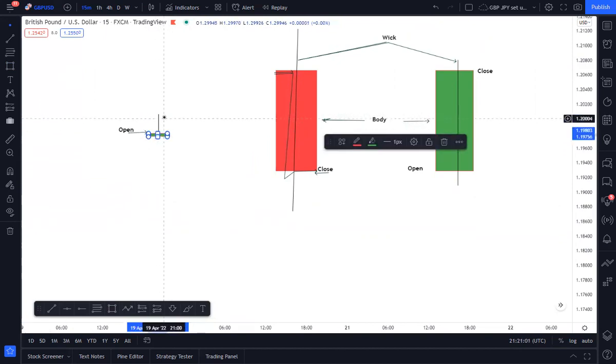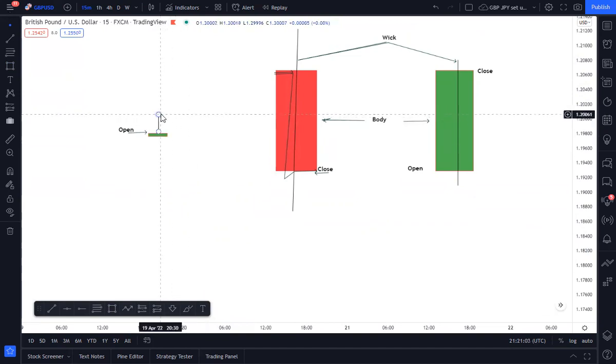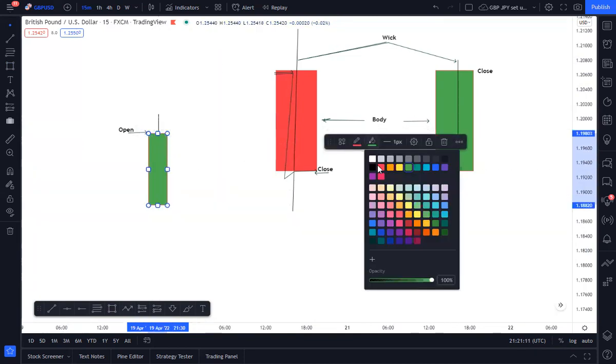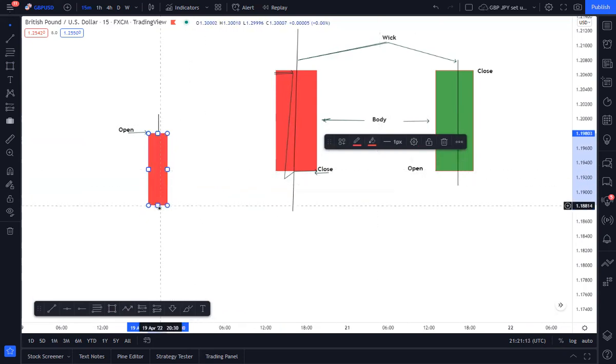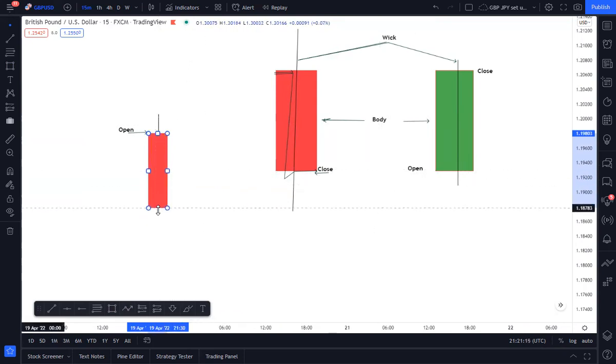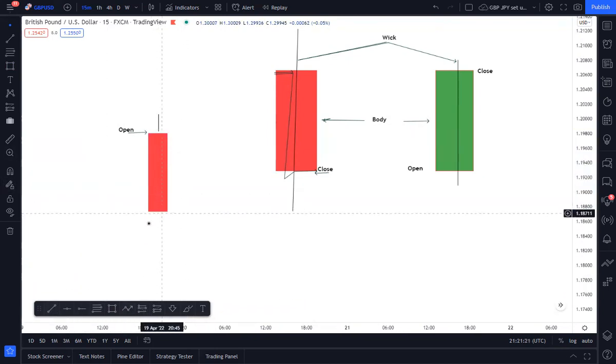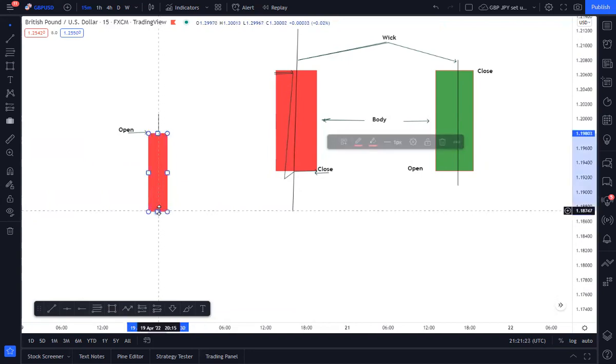Now you see, the moment the bears reject it, that wick is formed. So the bears rejected it deep down. I'll have to change this color because right now it should be a bearish candle. The bears rejected the candle deep down, and when they rejected it, you can see at that time there's no wick here. Why?